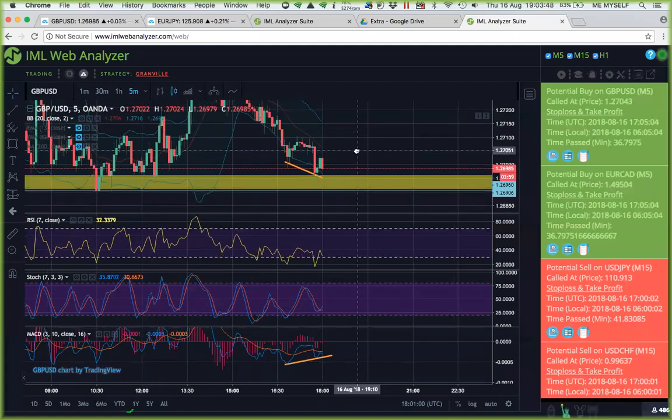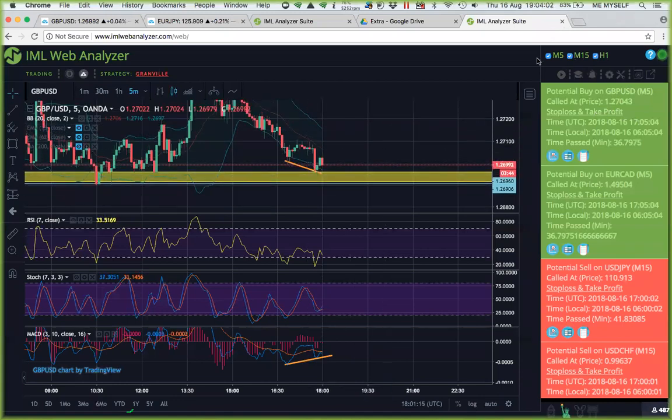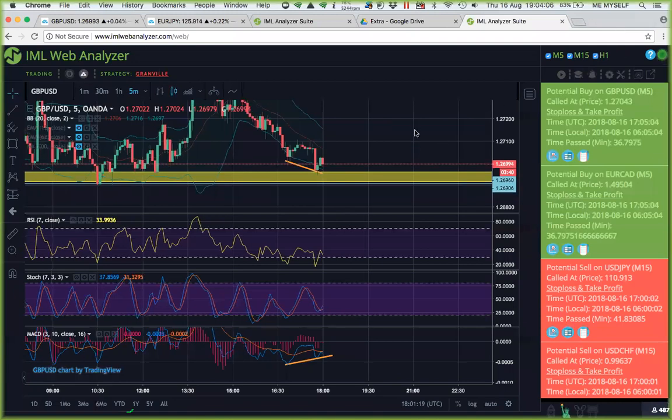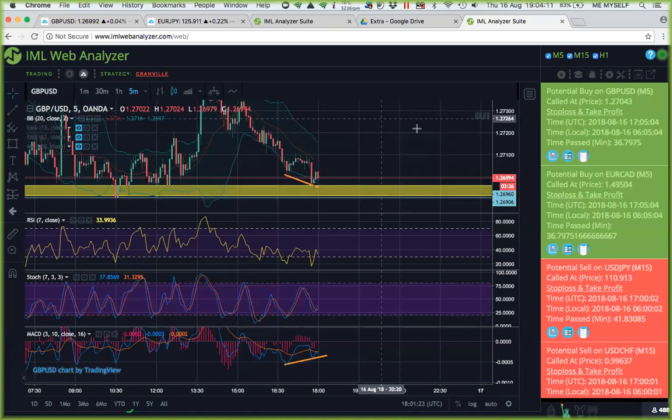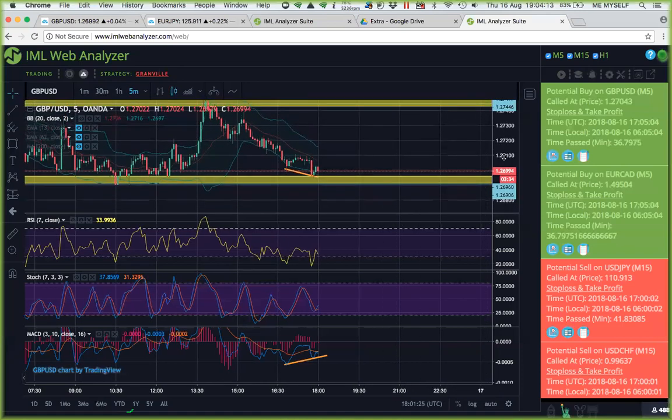That gives us more or less a perfect entry point for this GBP USD call. It doesn't mean you're necessarily going to win the trade, but we want good entries because of risk management and risk to reward ratios.